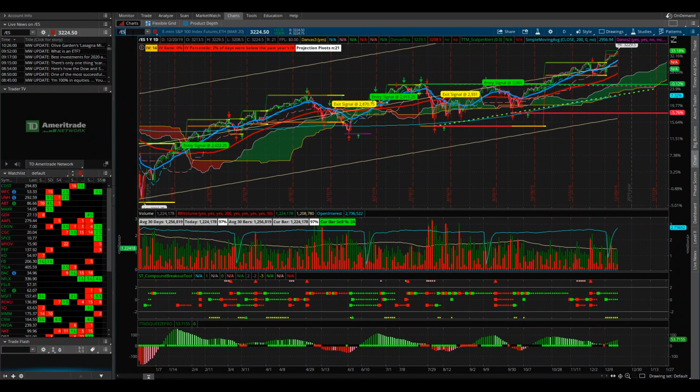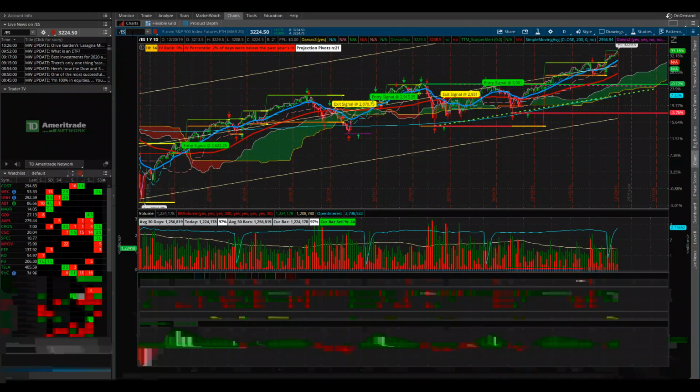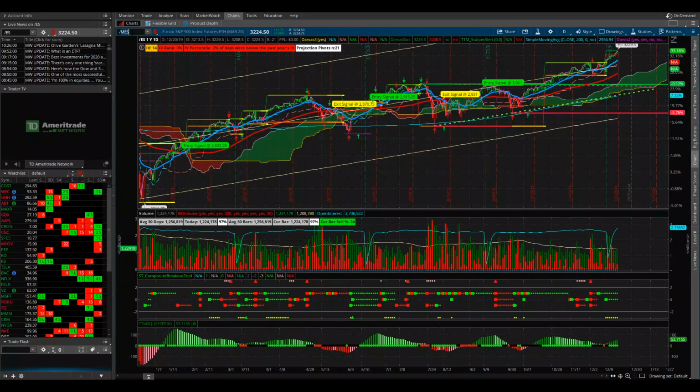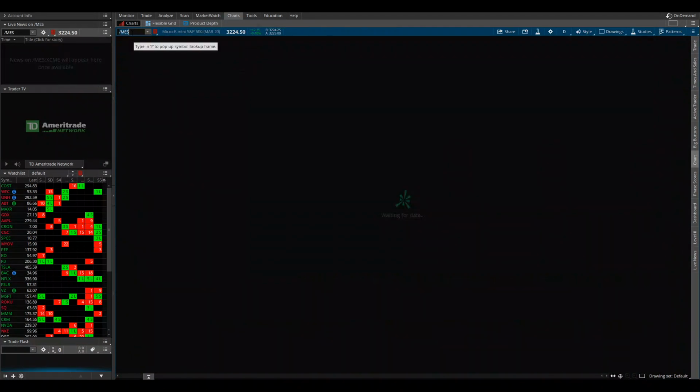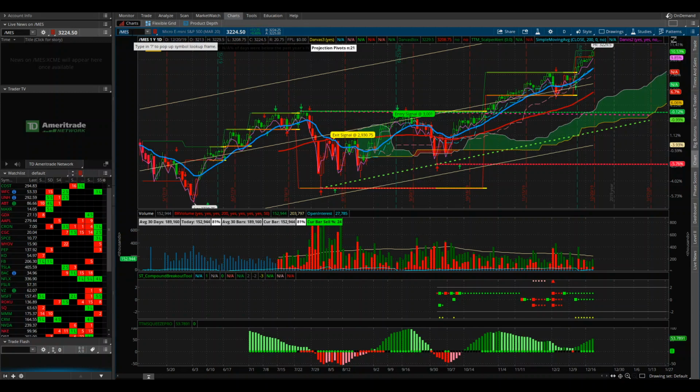So what we're going to do is stick with the mini futures, which is /MES on the S&P 500, but this is available in the Nasdaq, which would be /MNQ. You have the Russell, which would be /M2K.